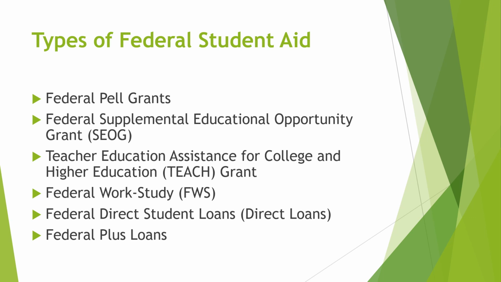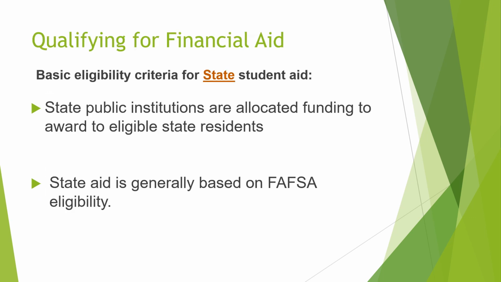There are also federal direct student loans, which you borrow and don't have to go into repayment until you graduate. As a matter of fact, we will be hitting that topic in our next lesson. And of course, federal PLUS loans are offered to your parents in case they need to borrow financial aid to assist you in paying for your educational expenses.